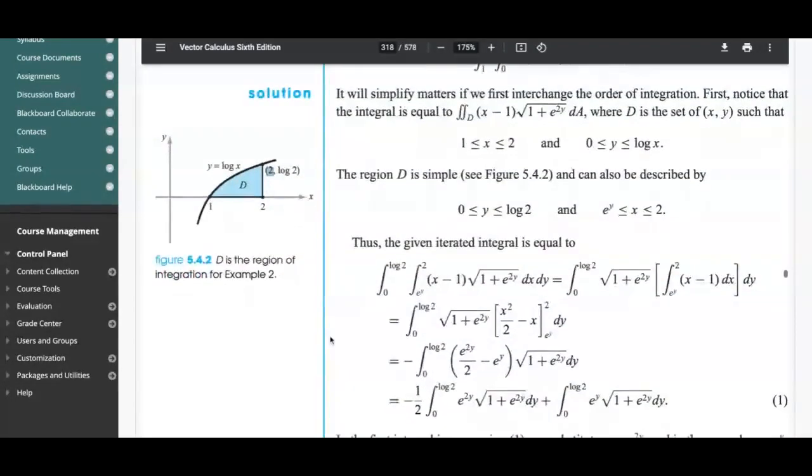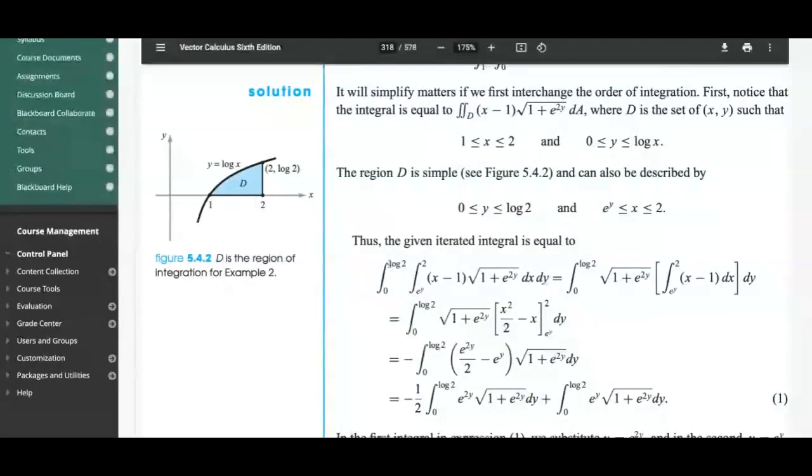So in the y direction, we have constant lower and upper limits, now from 0 to log 2. And the x direction goes from e to the y to 2. Now it's easy to integrate x minus 1 because this is just a scalar. We can put it outside the integration.